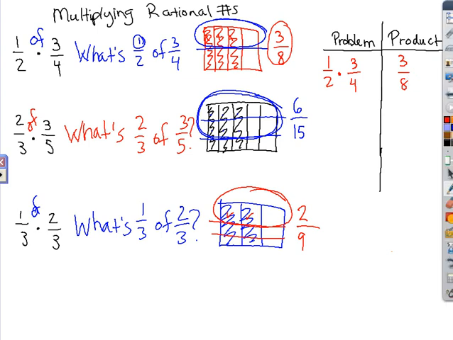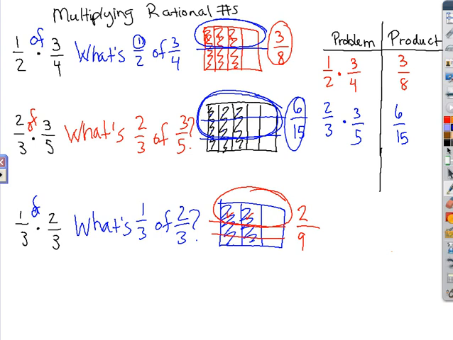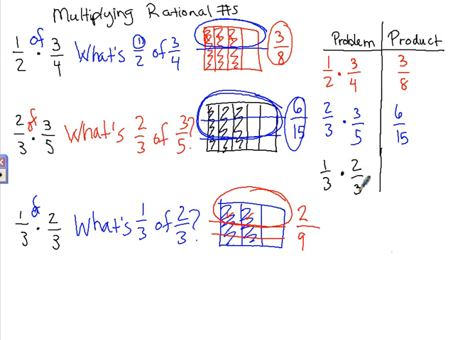For the problem of 2/3 times 3/5, which is the second problem, we got a product of 6/15. For the third problem, which was 1/3 times 2/3, we got a product of 2/9.